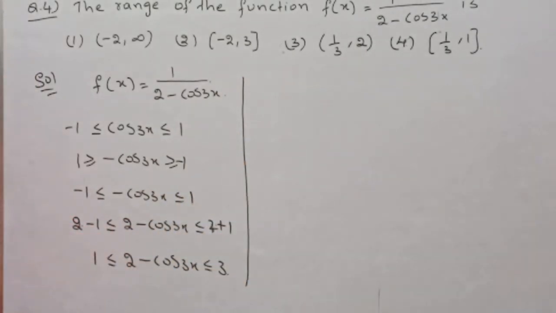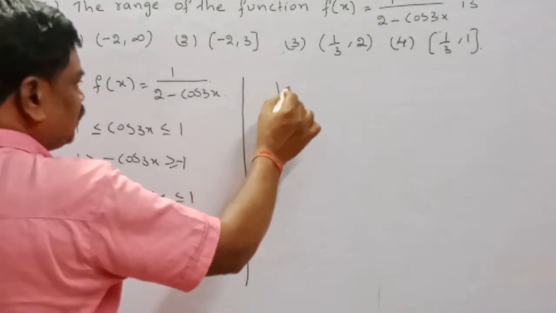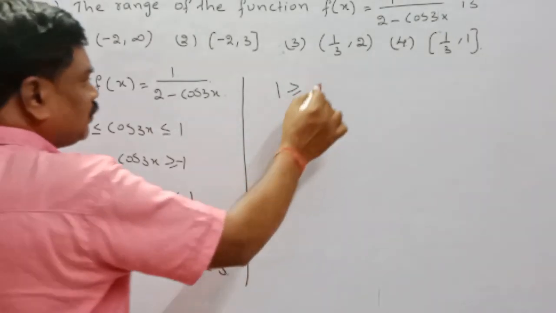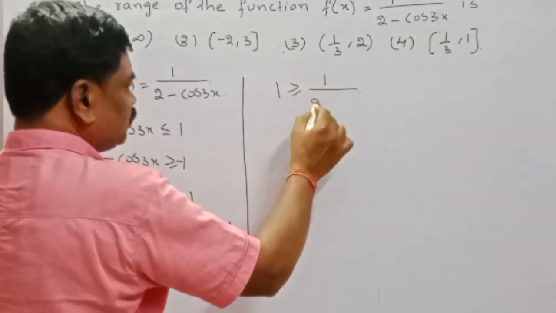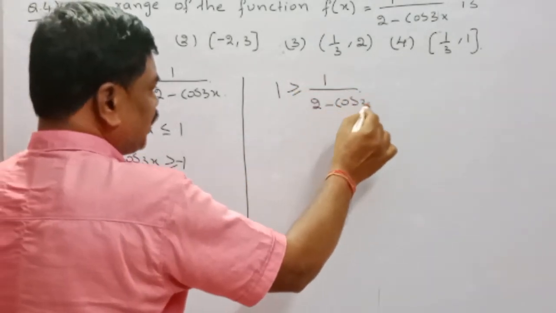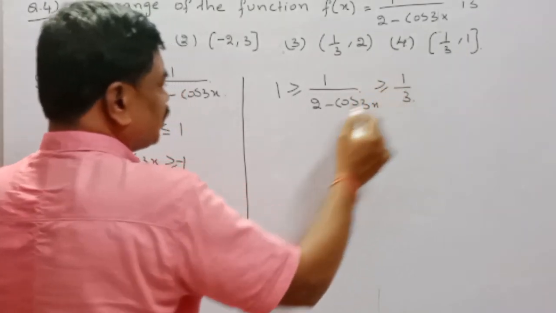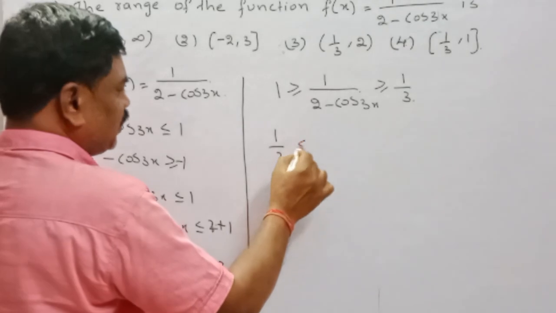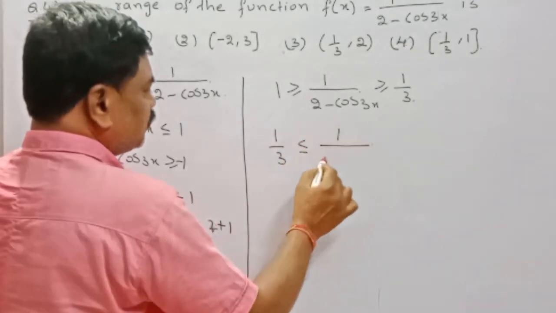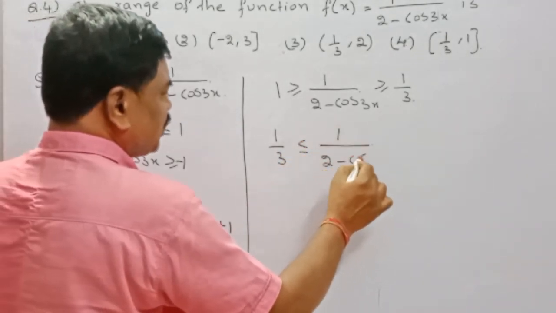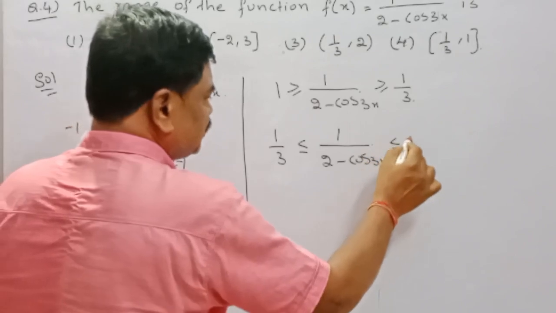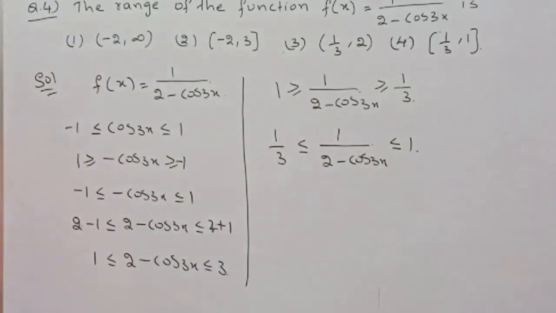Then this will be 1 greater than or equal to 1 by 2 minus cos 3x greater than or equal to 1 by 3. Then 1 by 3 less than or equal to 1 by 2 minus cos 3x less than or equal to 1.